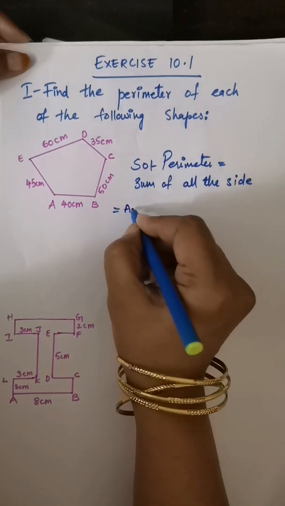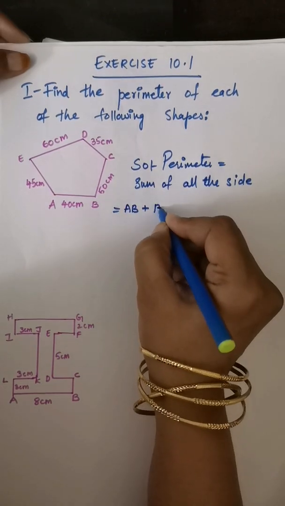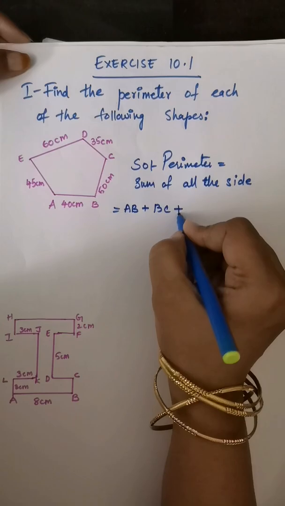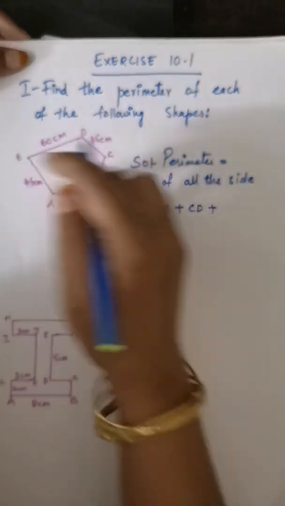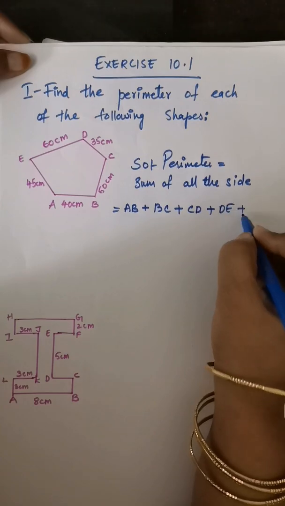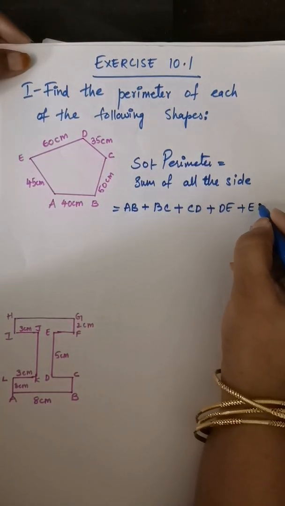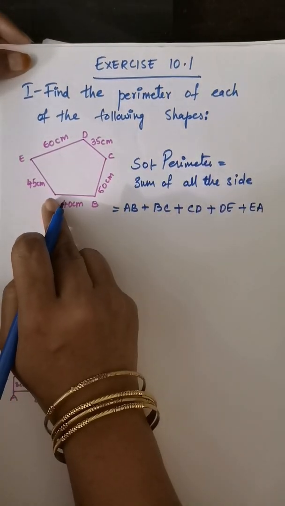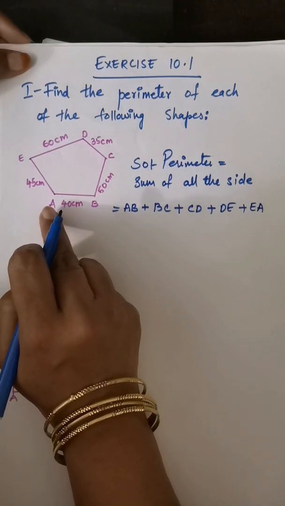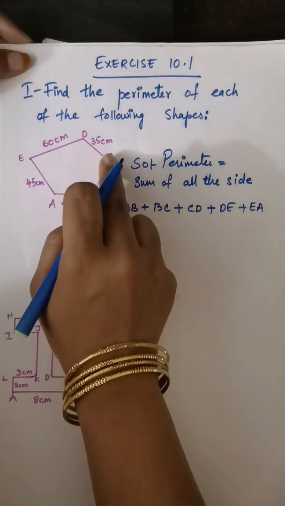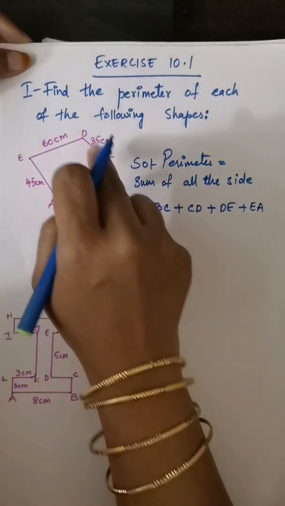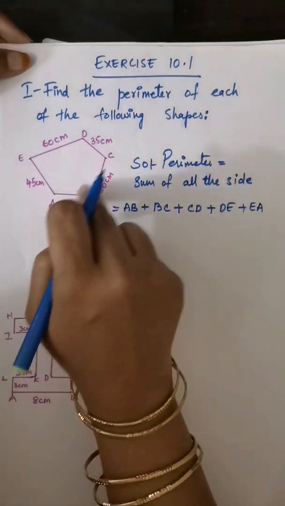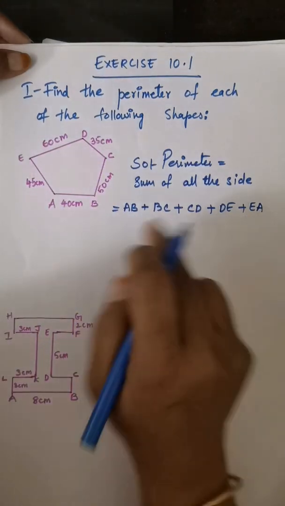So it will be AB plus BC plus CD plus DE plus EA. We have started from here and added AB plus BC plus CD plus DE plus EA. 1, 2, 3, 4, 5 sides are there.